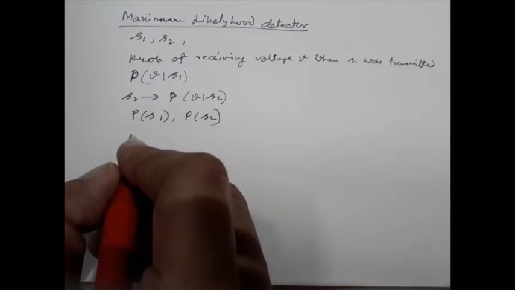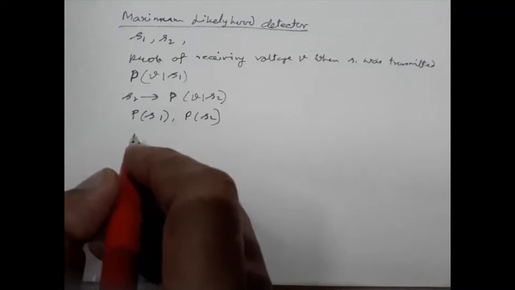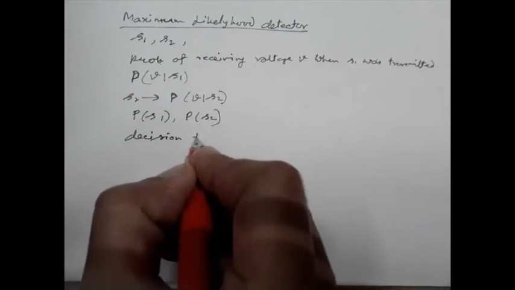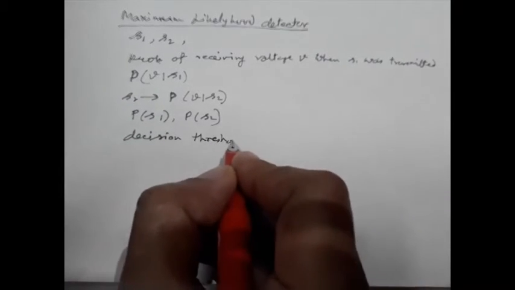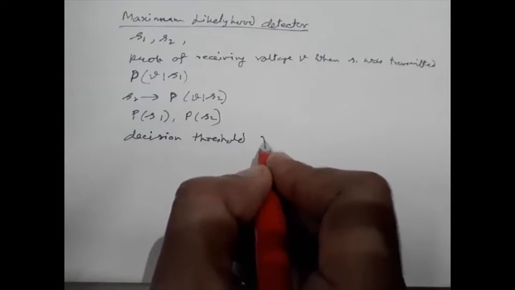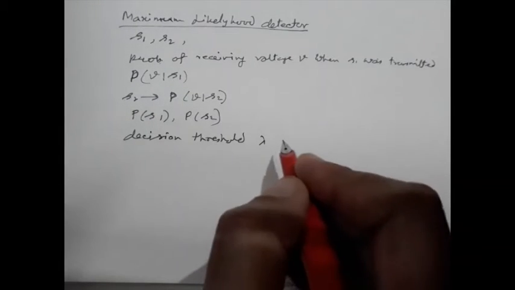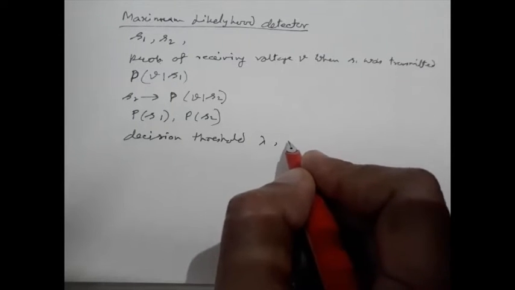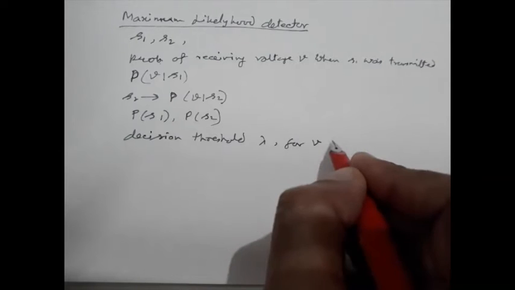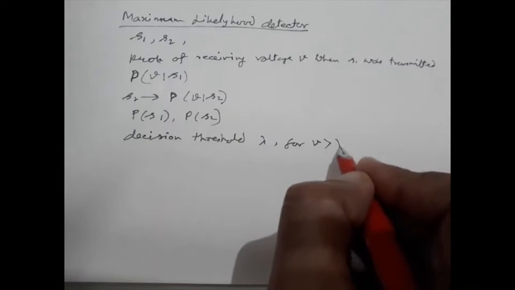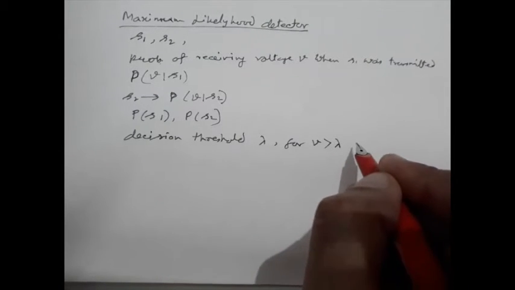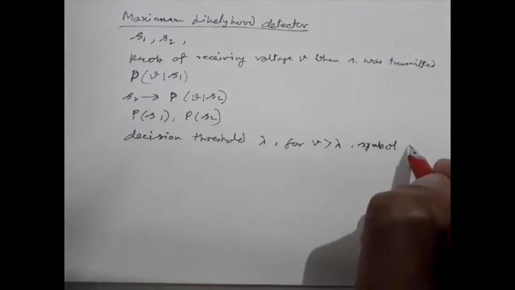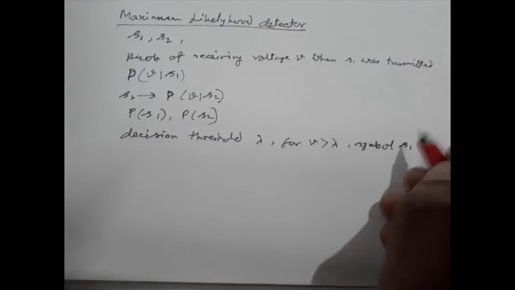Now we consider a decision threshold, say lambda, in such a way that for V, the received voltage, if it is greater than lambda, then symbol S1 will be selected.